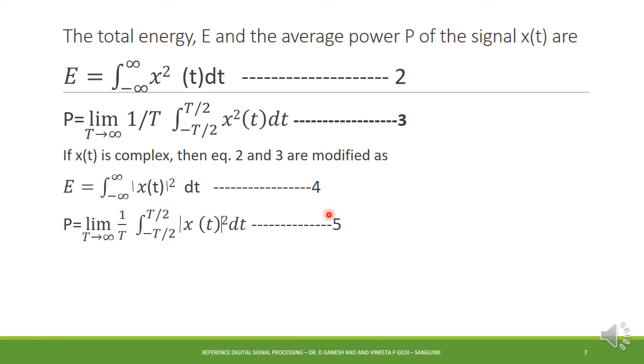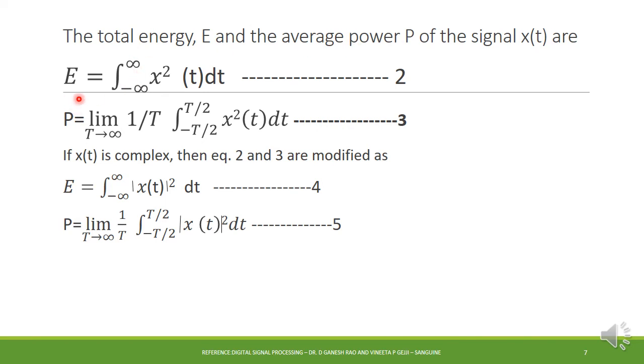That means it is one signal, and x of t is our signal. Next we are finding the power. Power is equal to x of t into x of t, that is x square of t. By using that we are going to find the total energy and average power of the signal.